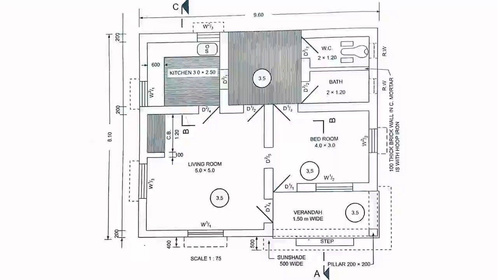And this 3.5 meter is the height of your building. That is height from the floor to the roof. Now you have steps here. This small rectangular part, this is your pillar. Okay, you can see here. See, this is small rectangular part.